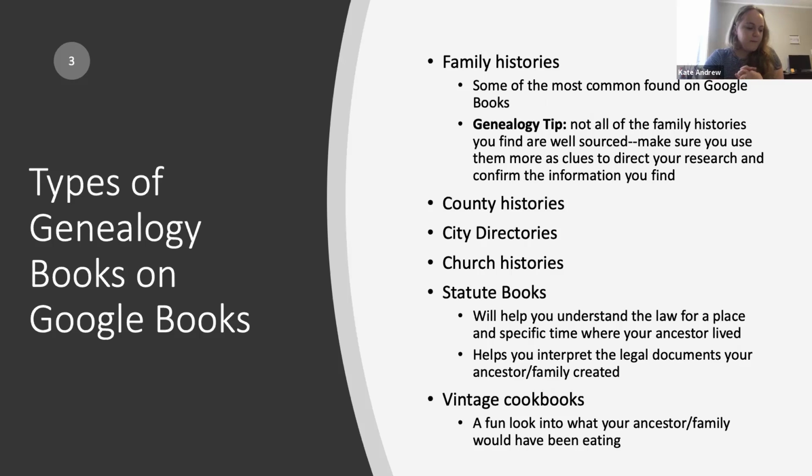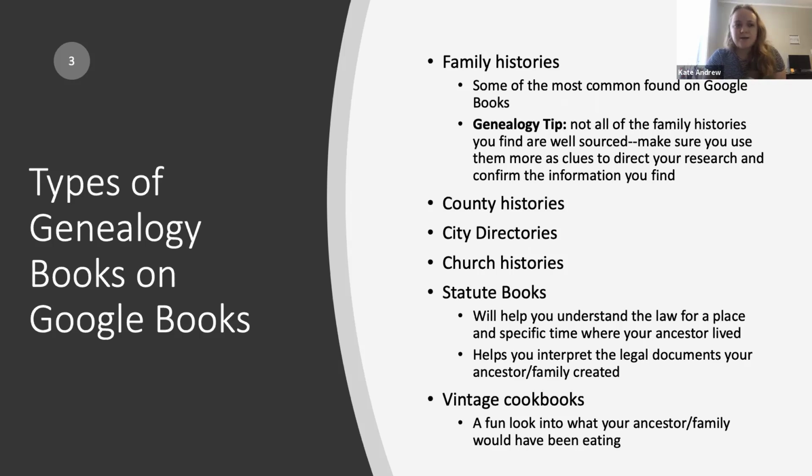But these county histories will not only contain the timeline of the county formation and timelines of the villages or cities in that county forming, but often they'll include biographical excerpts about prominent members of the county, and those can be very useful when you're studying your family history.